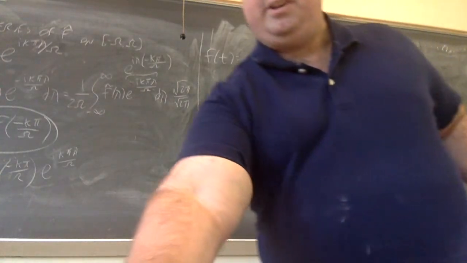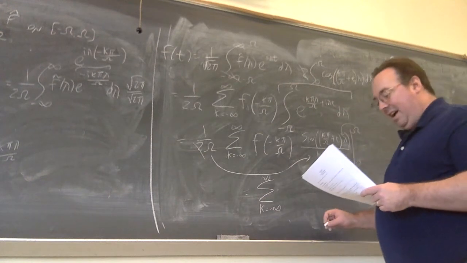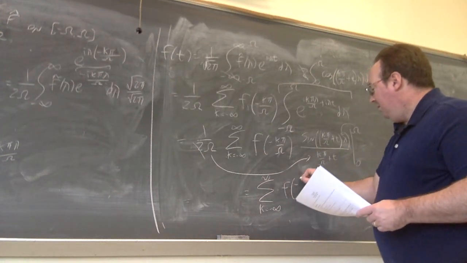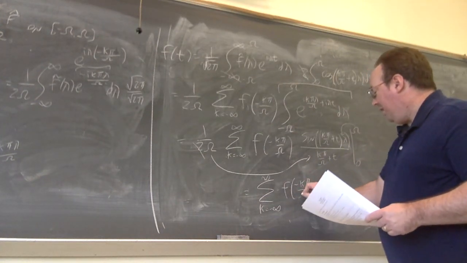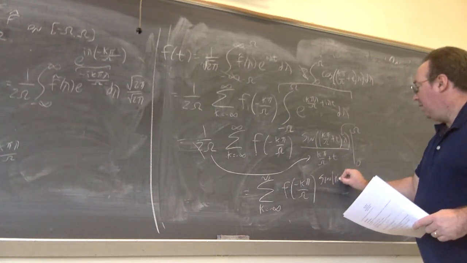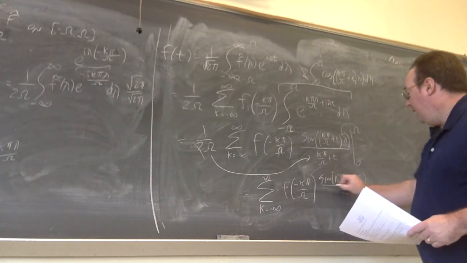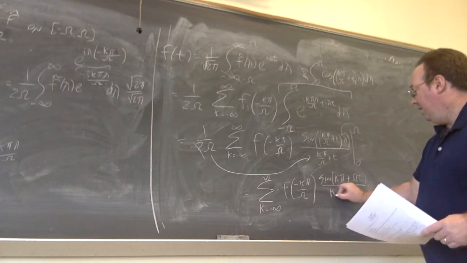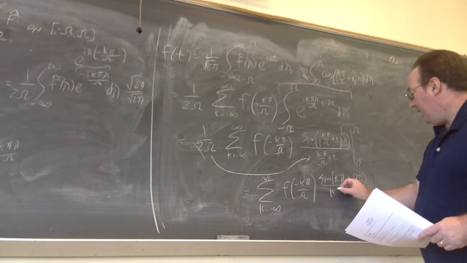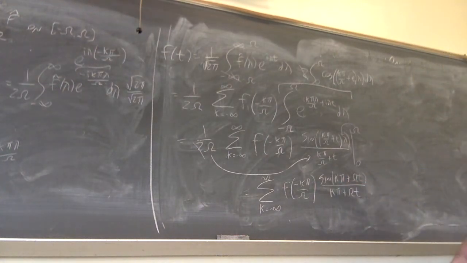I'll actually go all the way to the end of class time. I have 2 minutes left. Okay. F of minus k pi over omega, and then I have sine of k pi plus omega t, and down below I have k pi plus omega t.